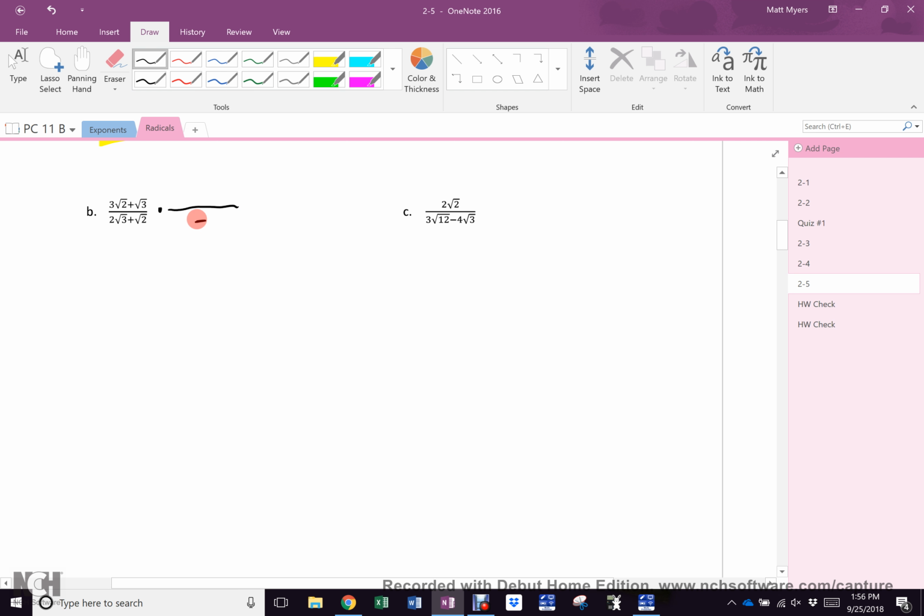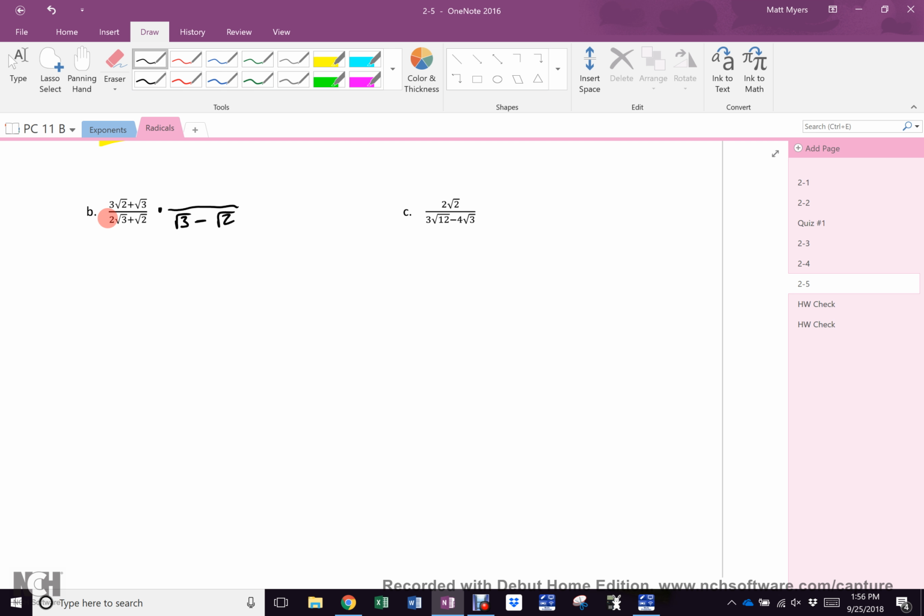And we know we need to get rid of the radicals, yes? So I know I need a root 3, and I know I need a root 2, yes? Now, when it was a monomial, did we care about the 2? Or did we just get rid of the radical? We just got rid of the radical. Do you think I need to care about the 2 here? Some of you are saying no, and some of you are saying yes.